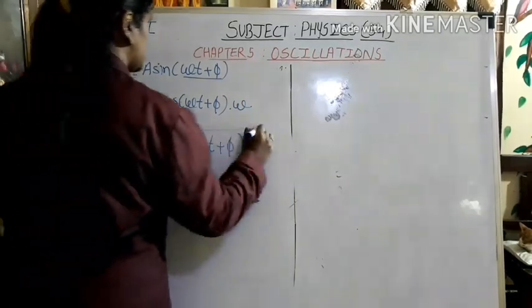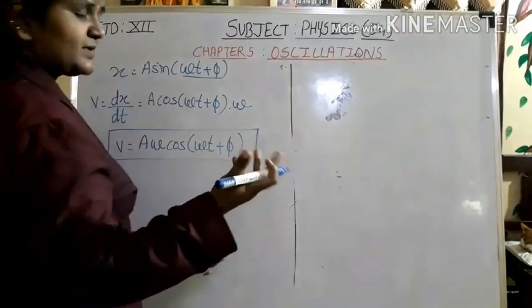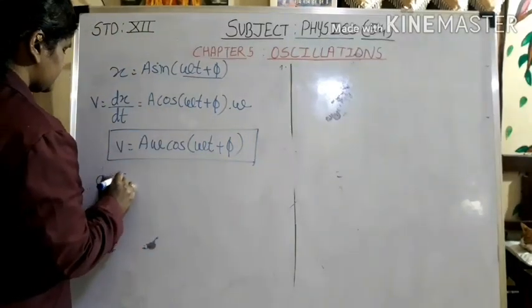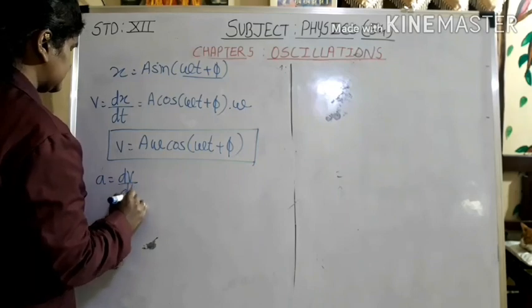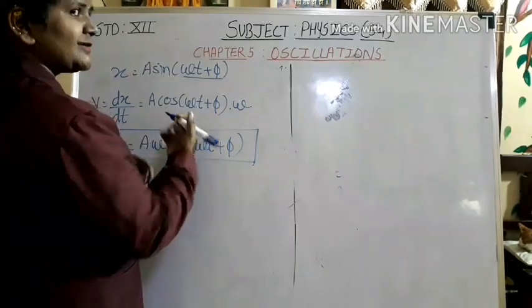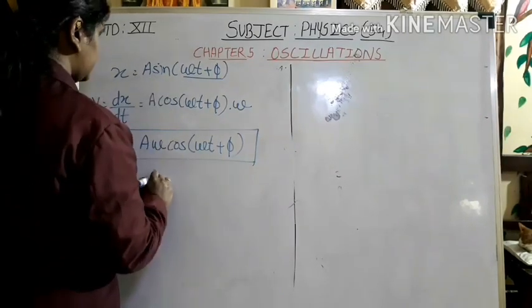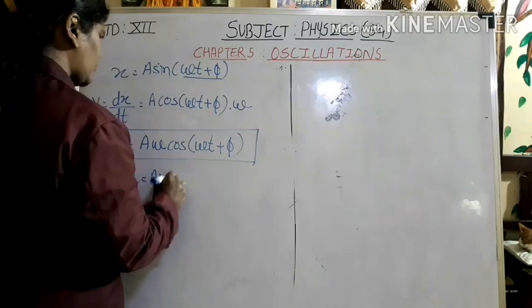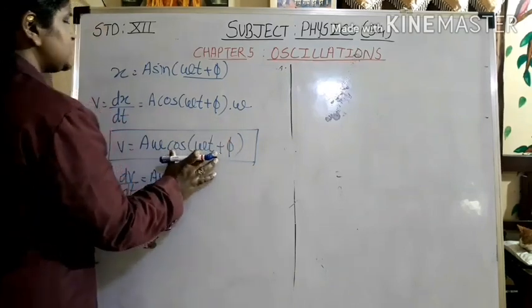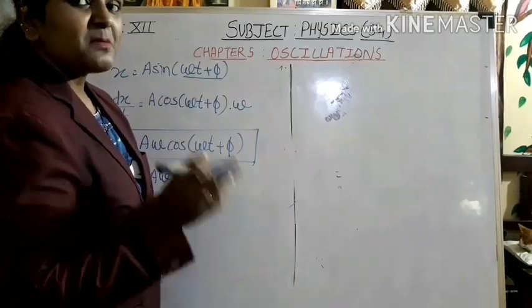So this is the value for v. Now how do we find acceleration? Acceleration is dv by dt. We are going to differentiate again, the second differentiation of this equation. A will be as it is, and omega also as it is. What is the differentiation of cos theta? It is minus sin theta.